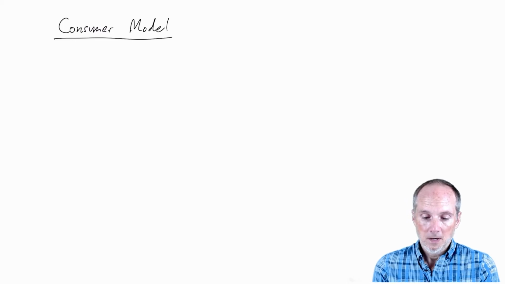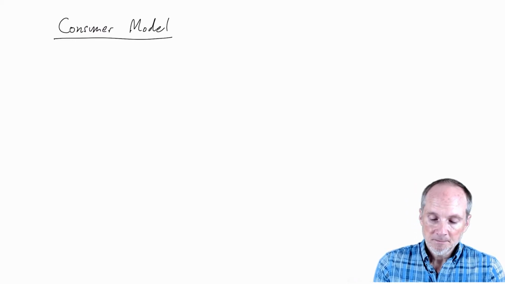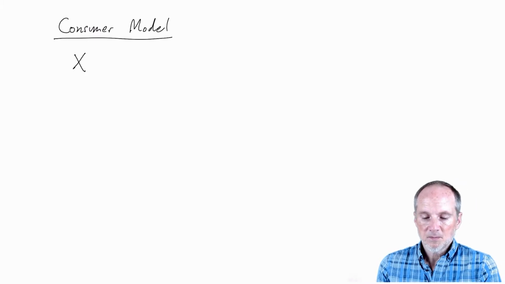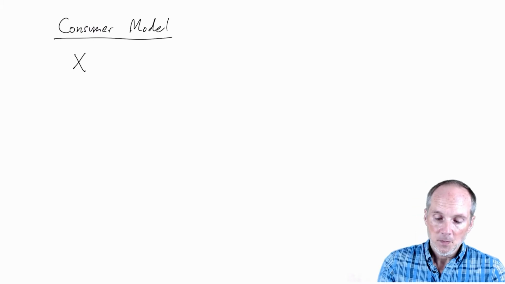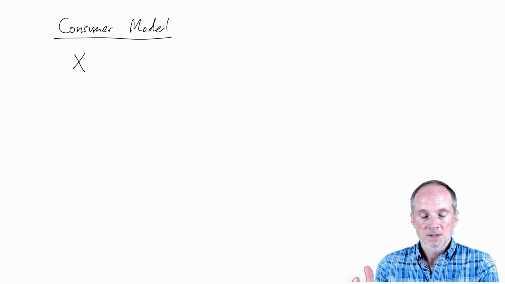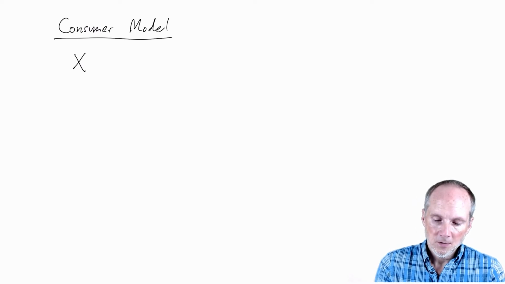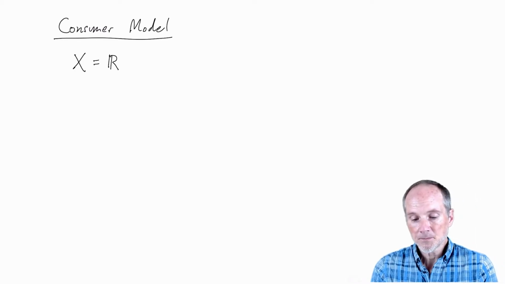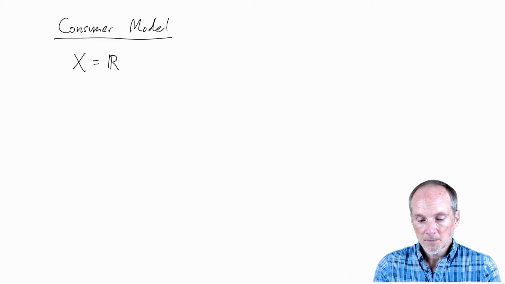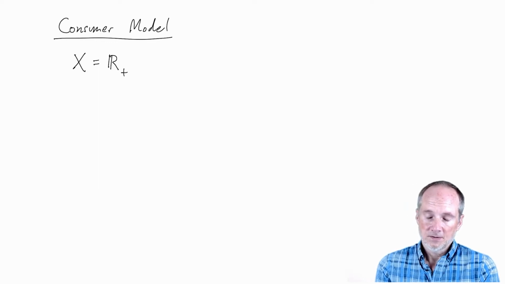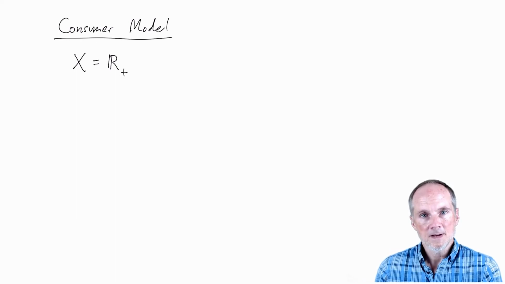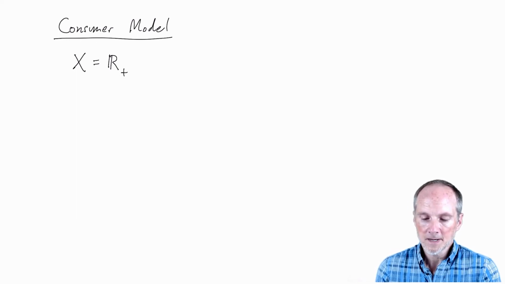Okay, so let's jump in with some notation. The set of conceivable choices for a consumer is going to be just pairs of quantities. We're going to assume that consumption is non-negative. So the standard notation for this would be to say the consumer has to choose non-negative amounts of each good. So R with a subscript plus means the non-negative part of the real line.